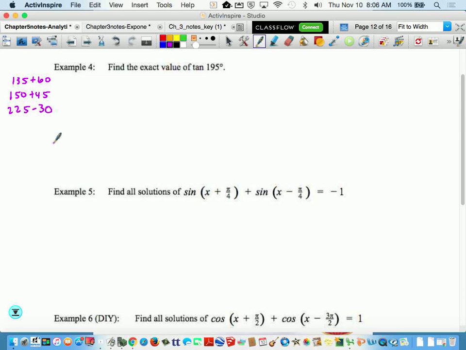So there are a lot of different combinations that we can use. Let's just do the top one. All right, so the tangent of 195 can be written as the tangent of 135 plus 60.